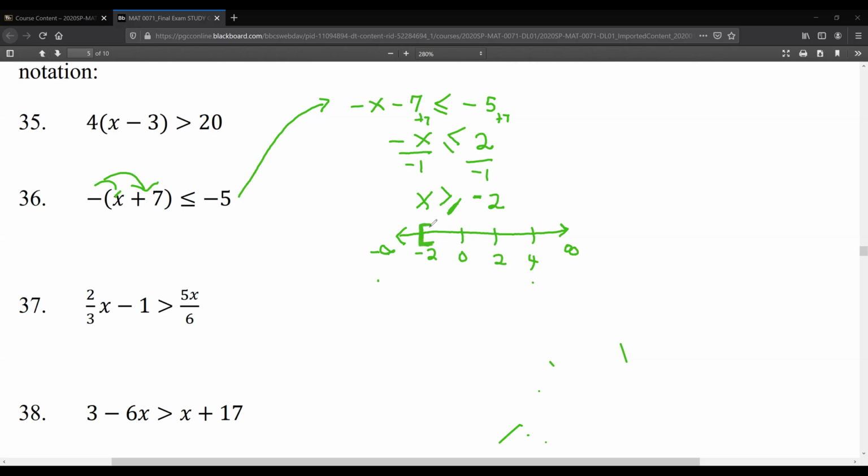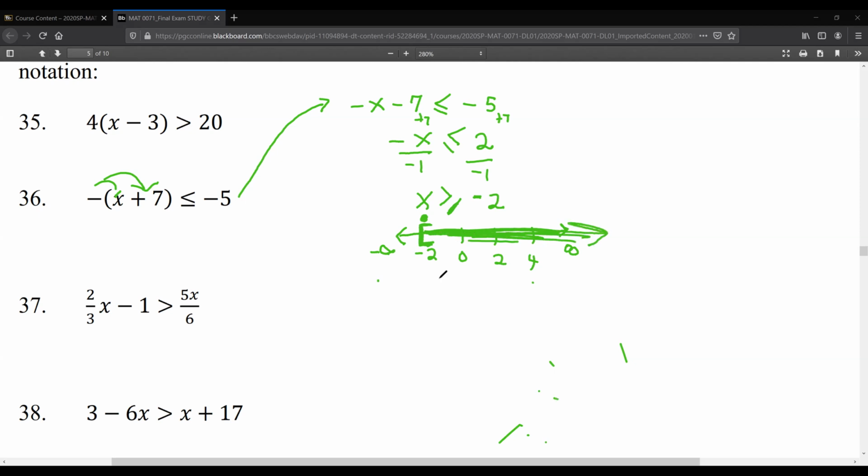I don't know how they do it on the computer. They may have it as a closed-in dot like that. I'm not really sure. But more importantly, x is greater than, so that means you're going to shade it in this direction.